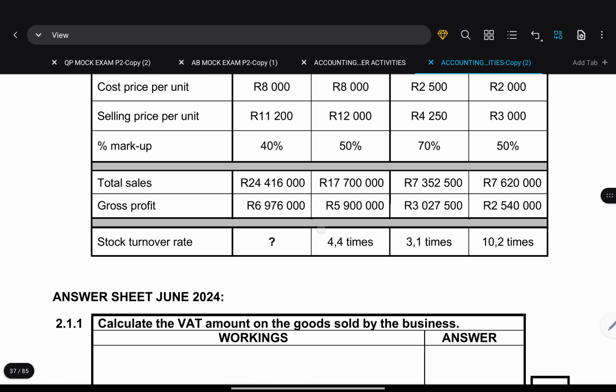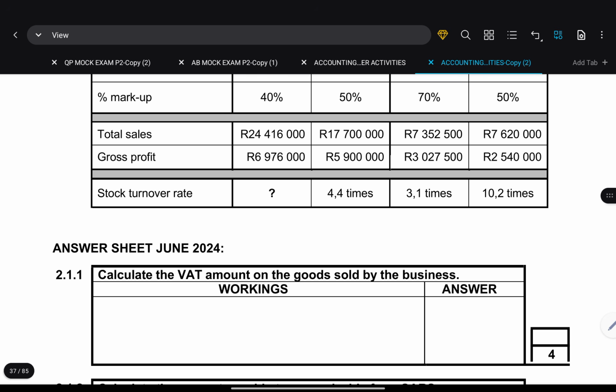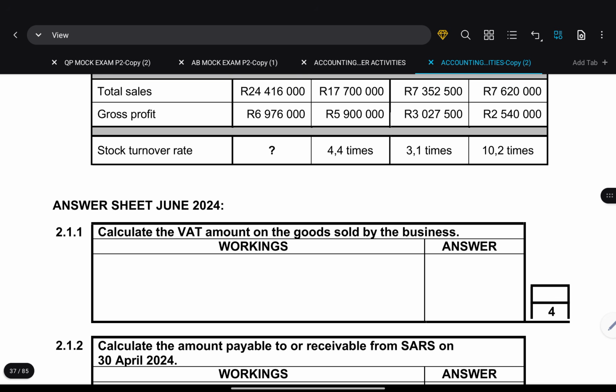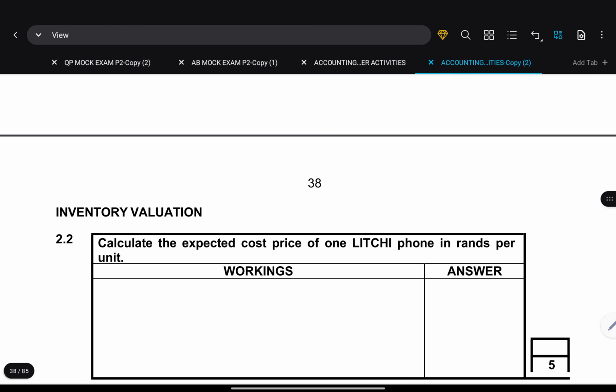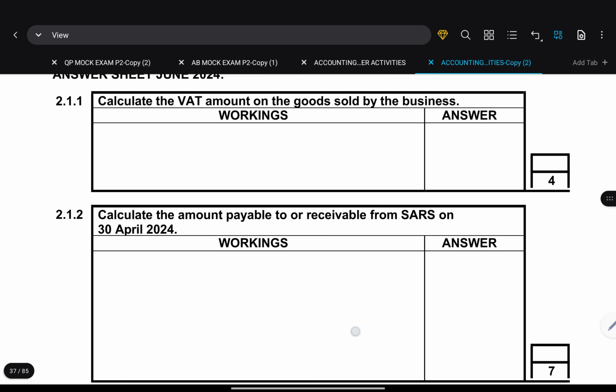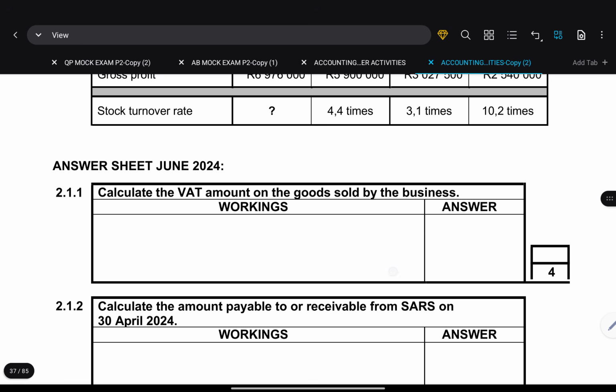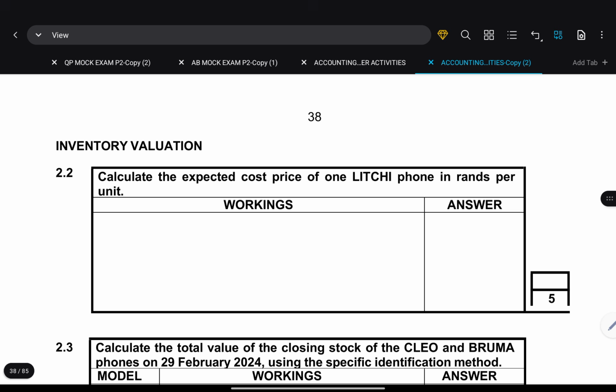Remember, on that VAT part, we are not doing the VAT part. We are only focusing on the inventory.